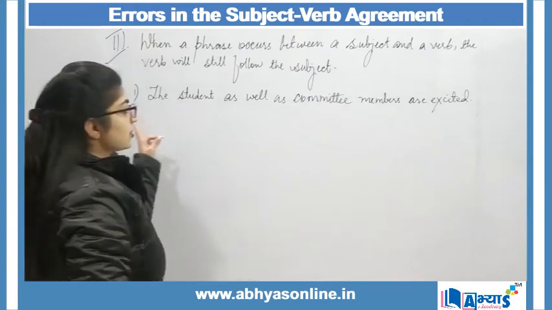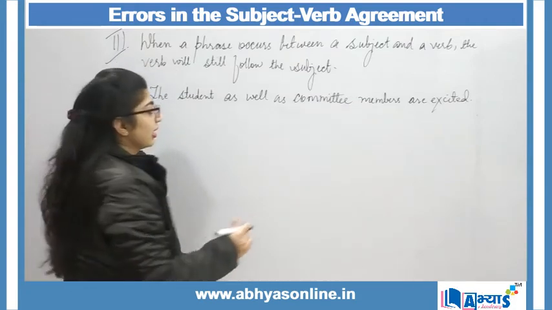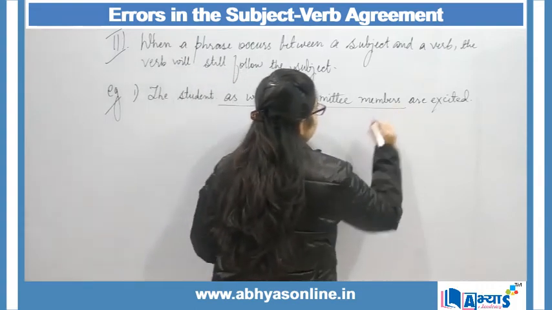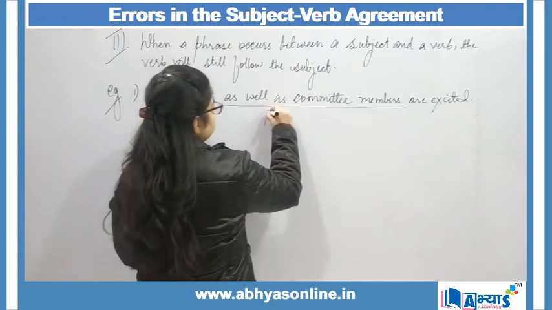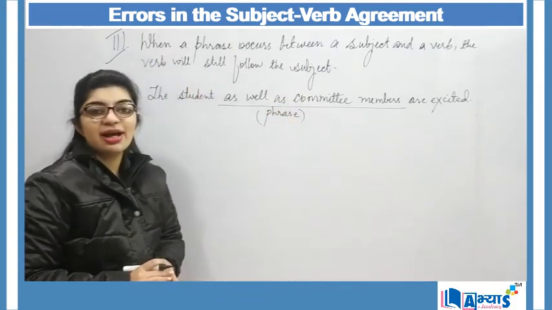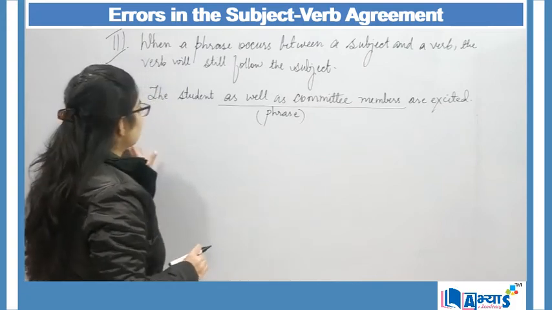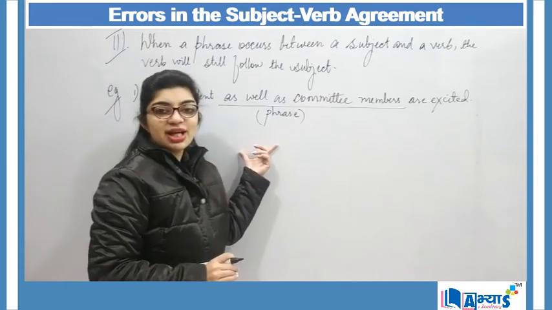When I am saying the student as well as committee members are excited, here as well as committee members is referred to as a phrase in my sentence. Whenever we make use of as well as, that acts as a phrase.